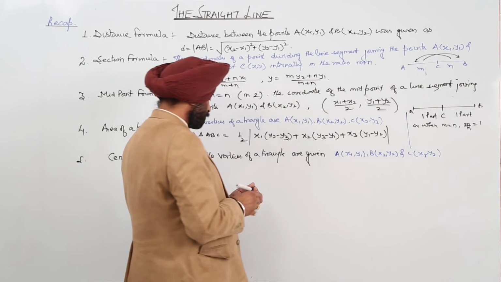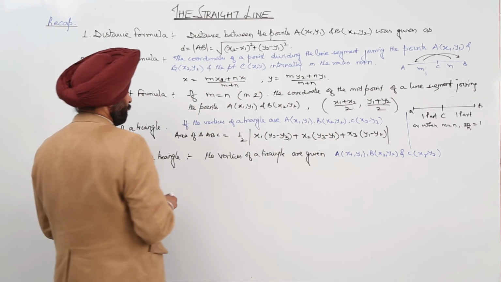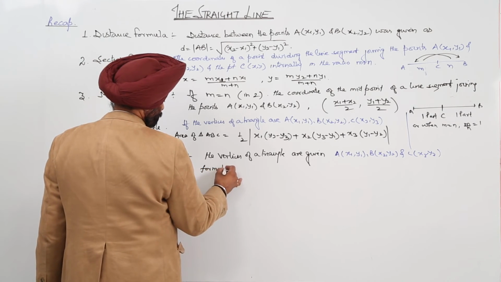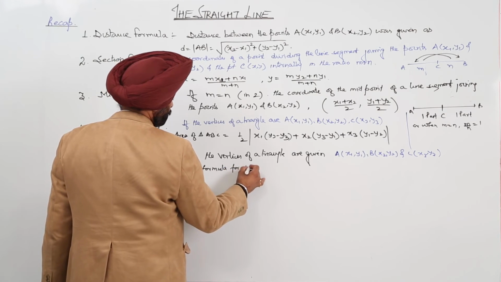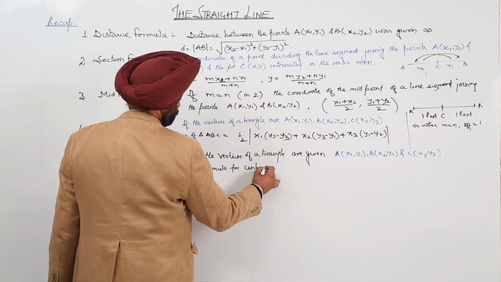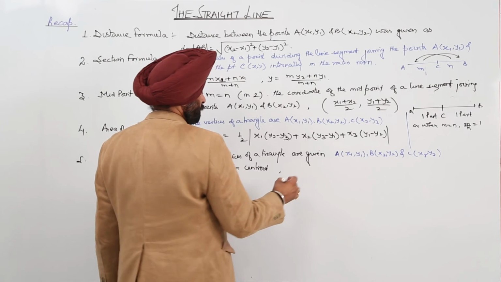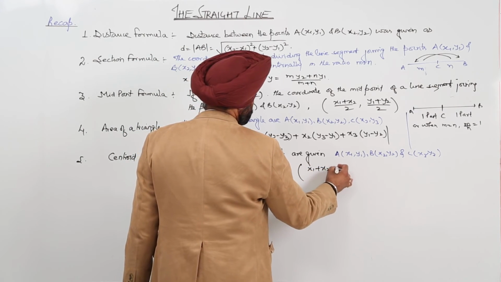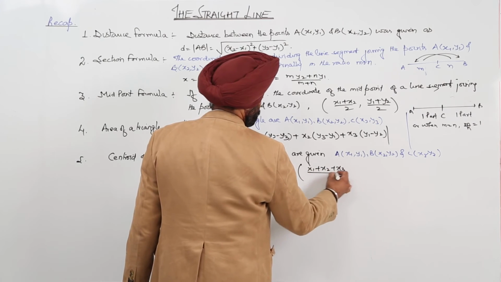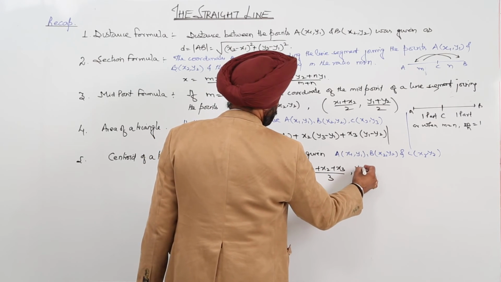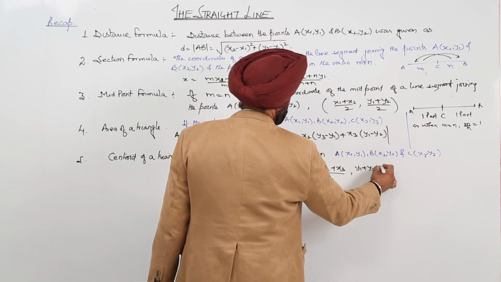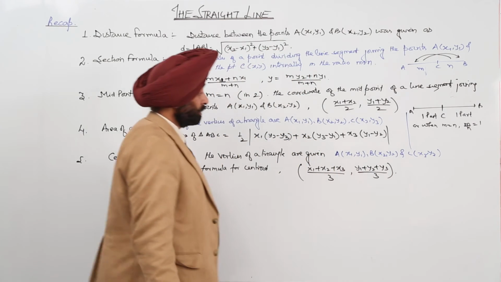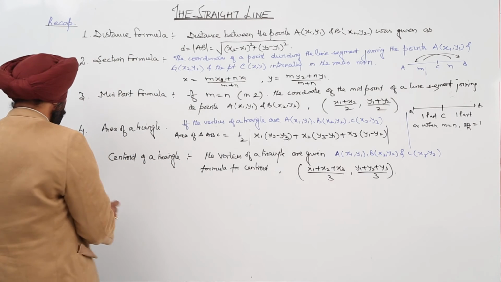Then the centroid was given by the formula for centroid: (x1 plus x2 plus x3) upon 3, (y1 plus y2 plus y3) upon 3. Okay, then it was the incenter.